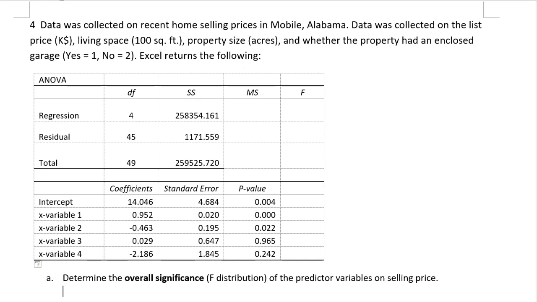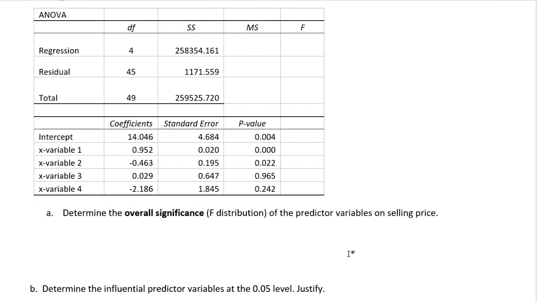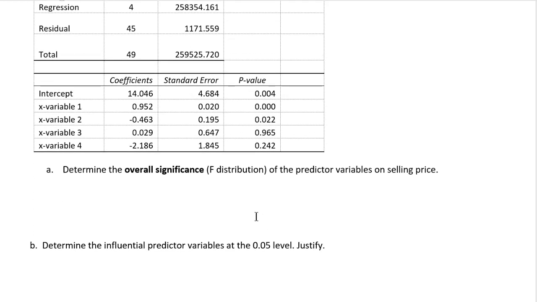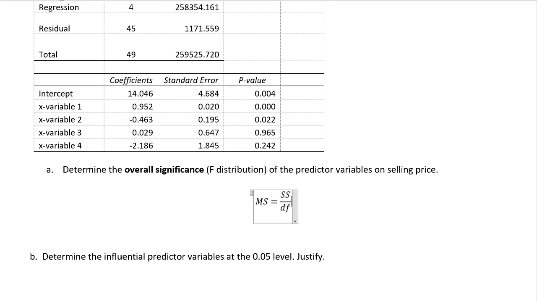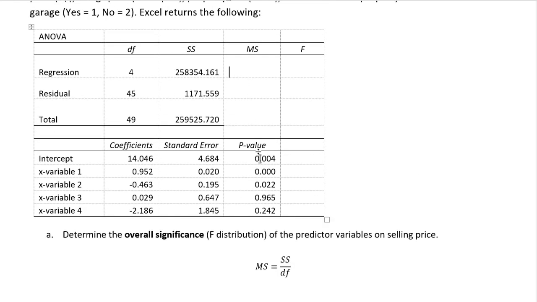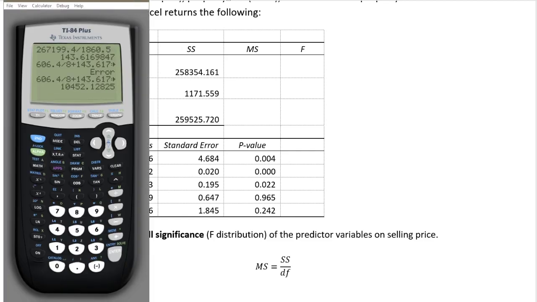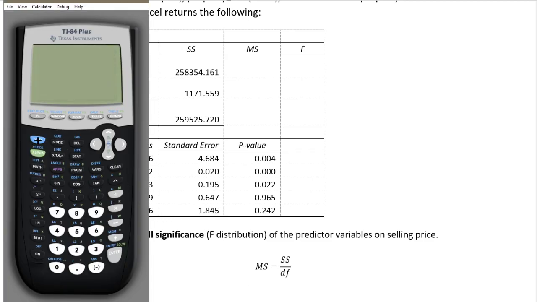First you have to know that the formula for MS is the sum of squares divided by the degrees of freedom. Using this, you can fill in this empty spot here.